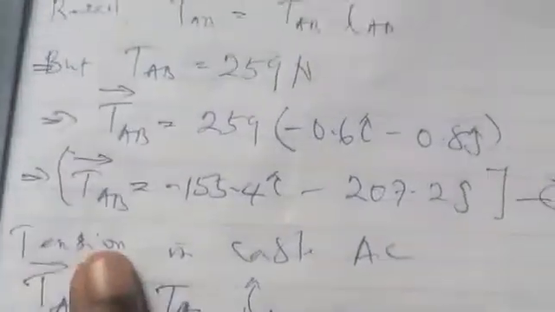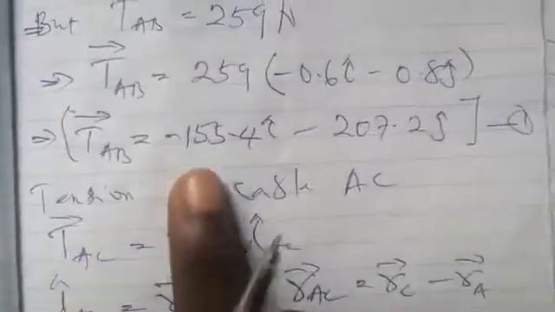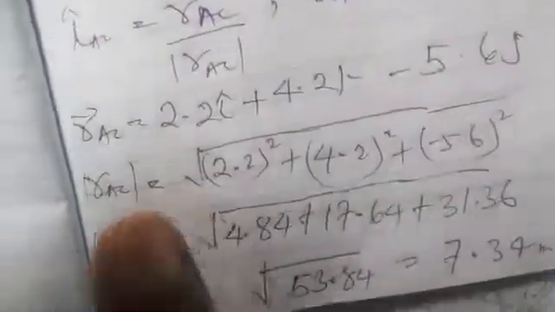And this is equal to the position vector, which is simply 2.2i minus 5.6j plus 4.2k, divided by the magnitude. The magnitude is 7.34.